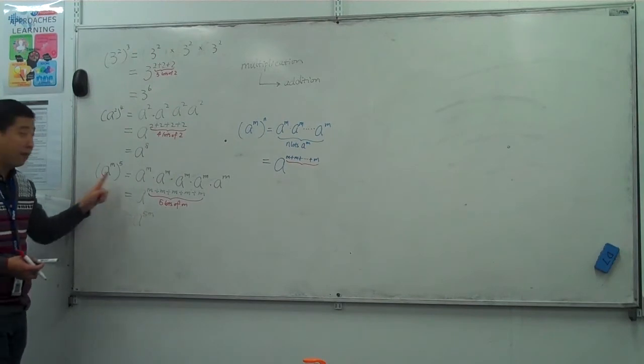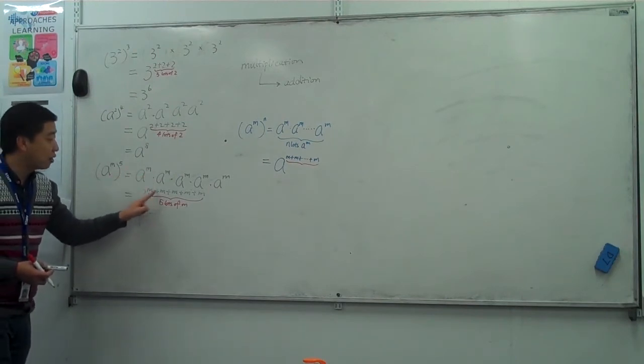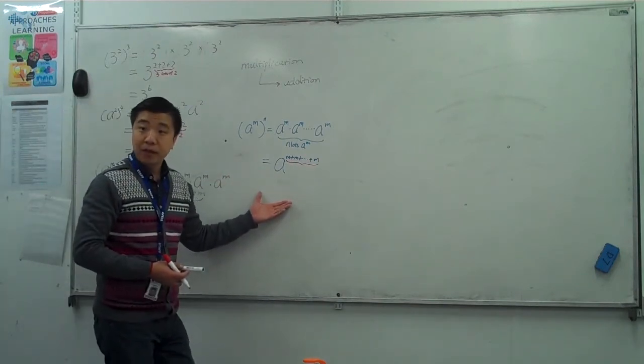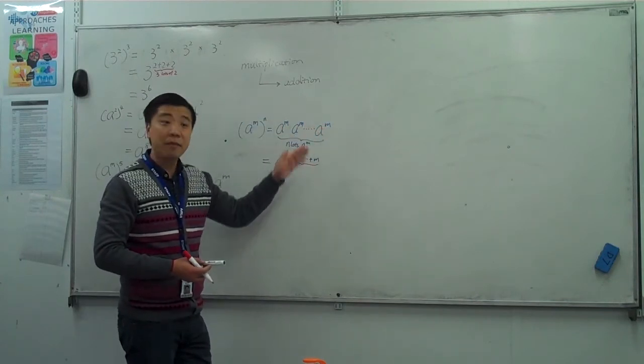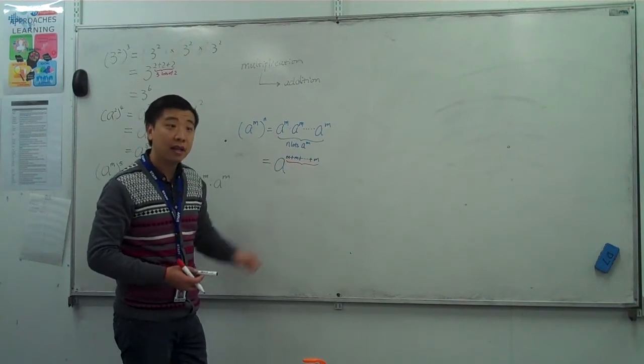This question, you have 5 lots of a to the power of m, and then you have 5 lots of m adding together. For this question, you have n lots of a to the power of m multiplying. That means you have n lots of m adding together.